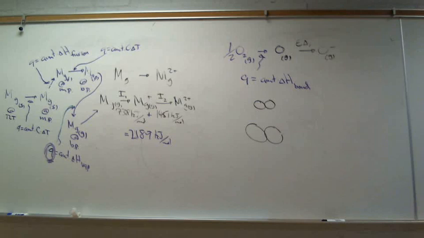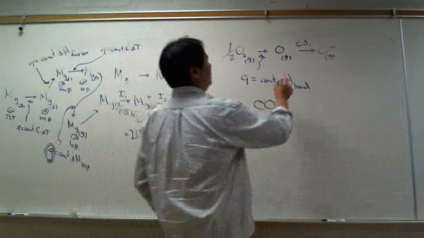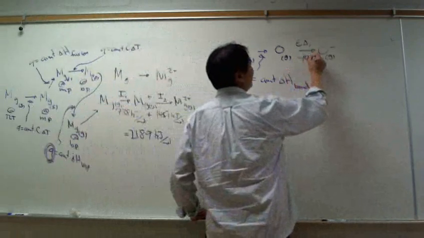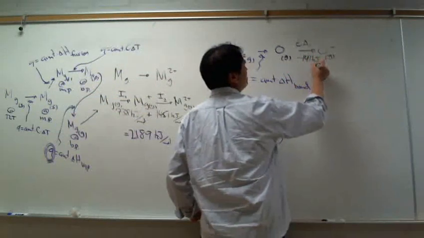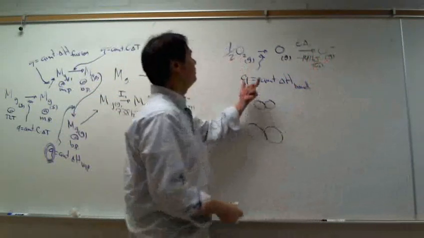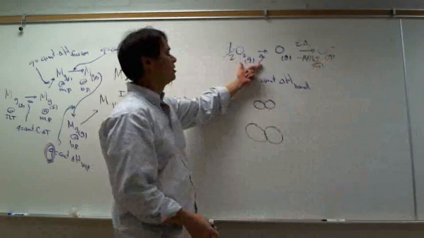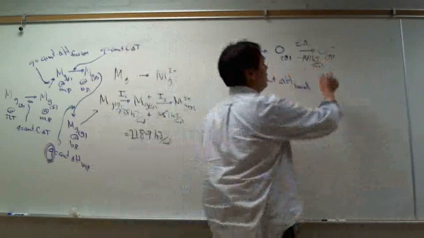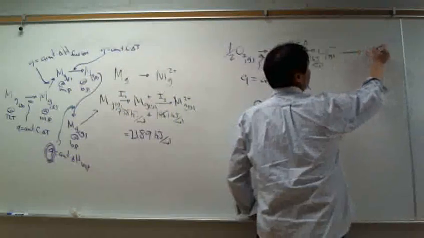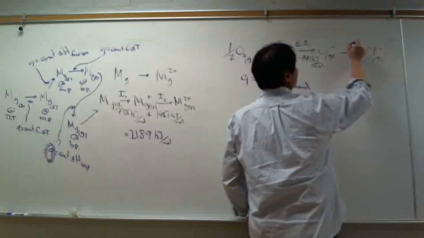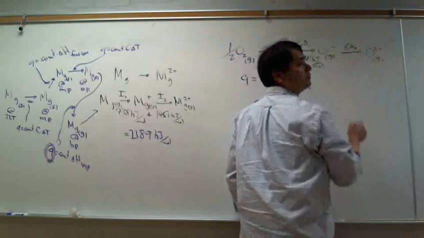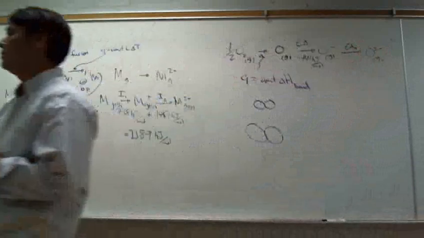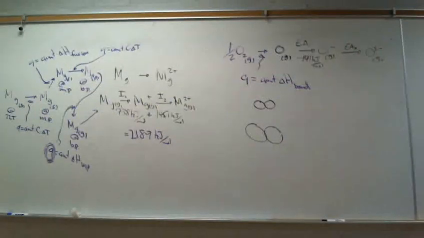Minus 141. This is minus 141 kilojoules per mole. And so far we've used up about 200 kilojoules. We get minus 141, EA1. Then we have to go to EA2 to go to O2 minus. And so this is EA2. Well, let's see what EA2 is for oxygen.